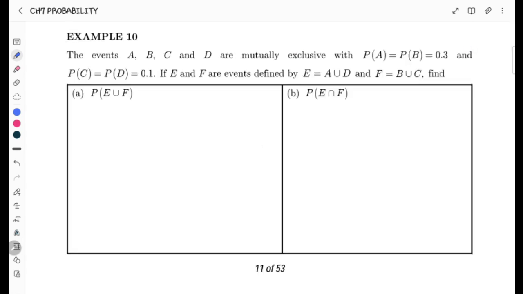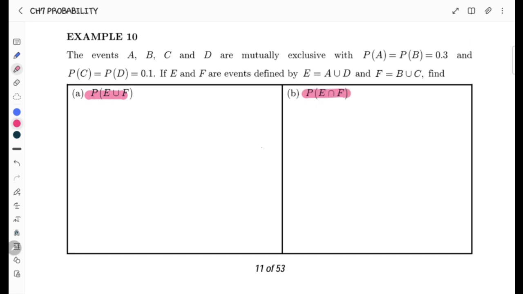Example 10. The events A, B, C, D are mutually exclusive with PA equals PB equals 0.3 and PC equals PD equals 0.1. If E and F are events defined by E equals A union D and F equals B union C, find these two.